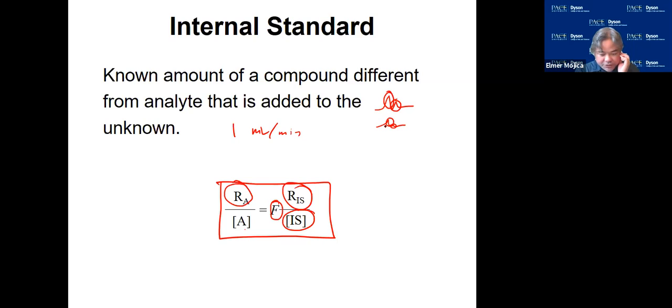You also use an internal standard when sample loss can occur in the sample preparation step prior to analysis. The signal from the analyte is compared with the signal from the internal standard to find out how much analyte is present. So this is the thing that you need to remember.